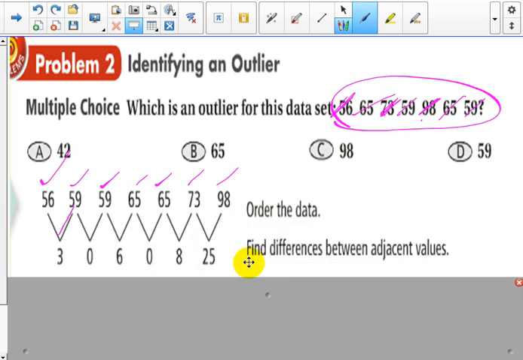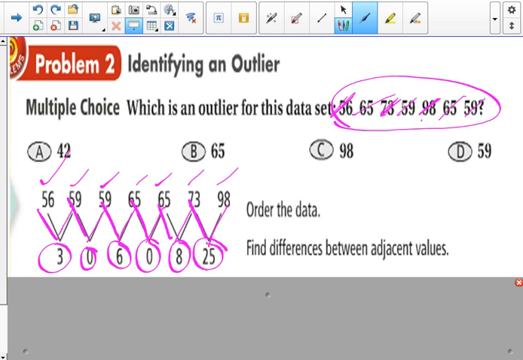So 59 minus 56 is 3. 59 minus 59 is 0. 65 minus 59 is 6. 65 minus 65 is 0. 73 minus 65 is 8. And 98 minus 73 is 25.